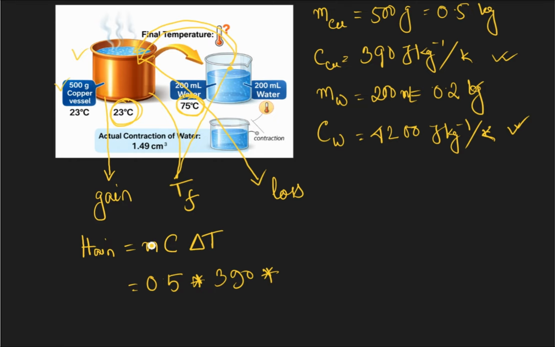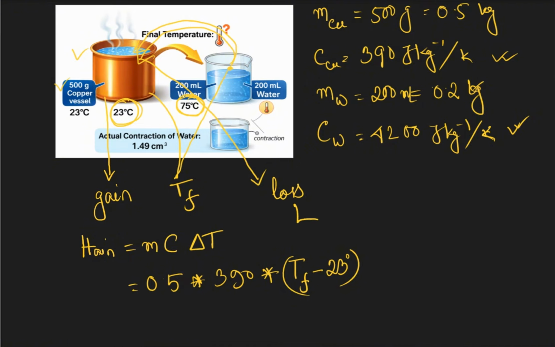And here the temperature actually 23. So as it is gain, so 75, 23 and Tf. Which one is the bigger one? Of course 75. This is the part of the heat lost. But for heat gain, here the relation between the temperature is 23 and the Tf. Indeed, Tf minus 23 degree Celsius, right?